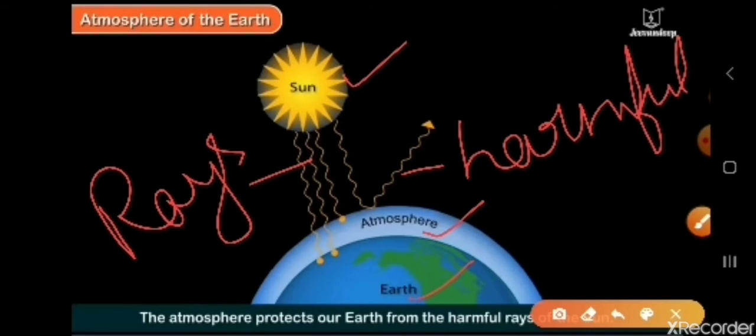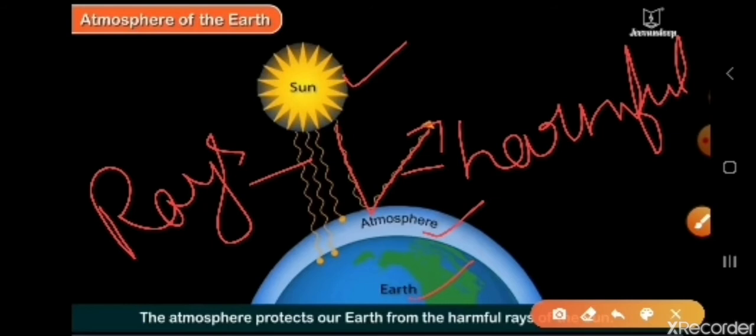So children, these are the rays which come to the atmosphere and go back to the space, only because these are the harmful rays which may affect the people or the living things living on earth. That is why atmosphere does not allow these rays to reach the earth.